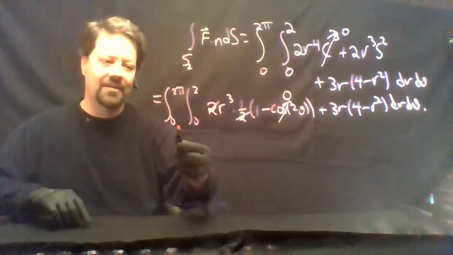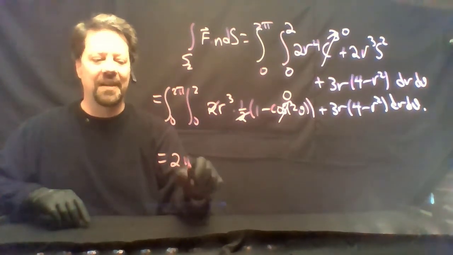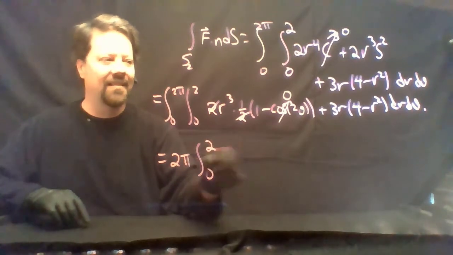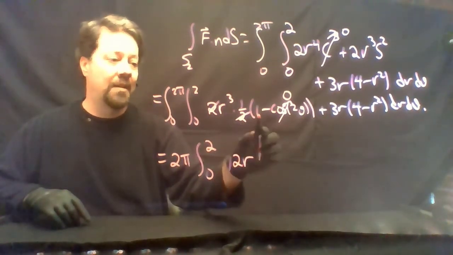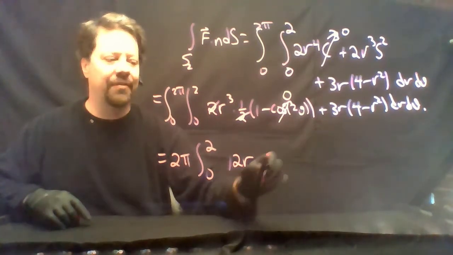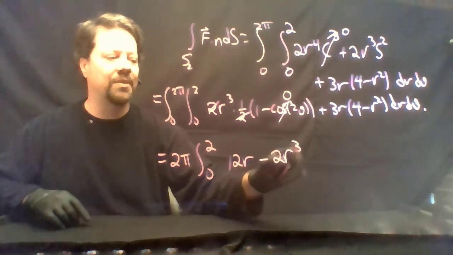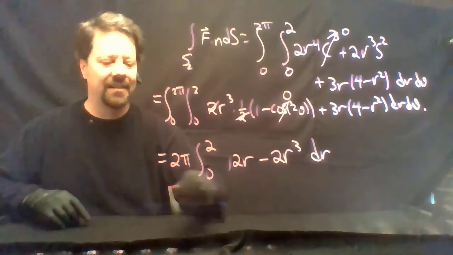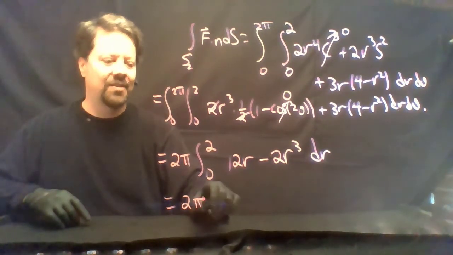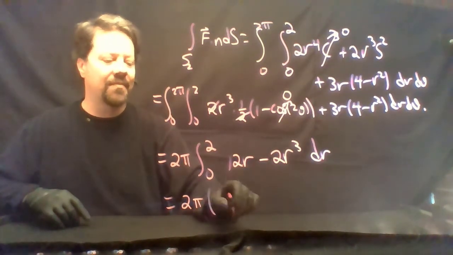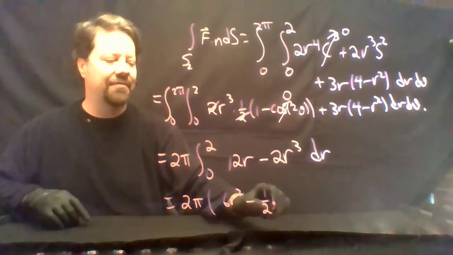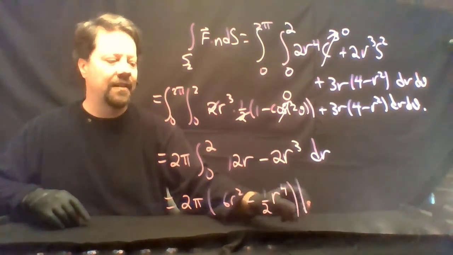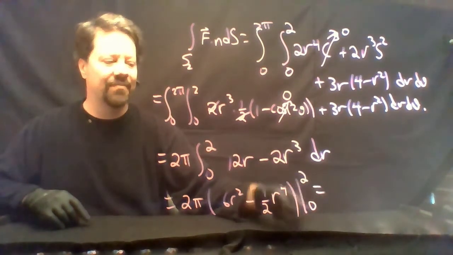At this point, we get 2 pi for free. We'll have 12r, a positive r cubed, and a negative 3r cubed is minus 2r cubed. That's 2 pi times 6r squared minus 1/2 r to the 4th, evaluated from 0 to 2.